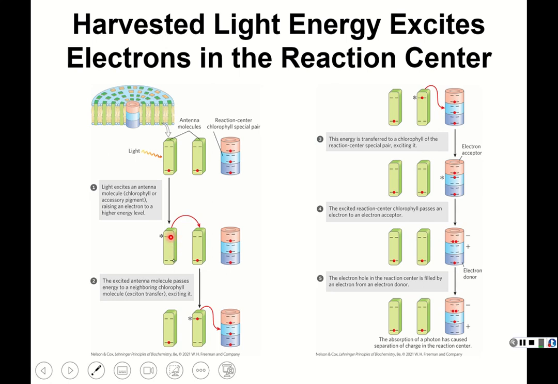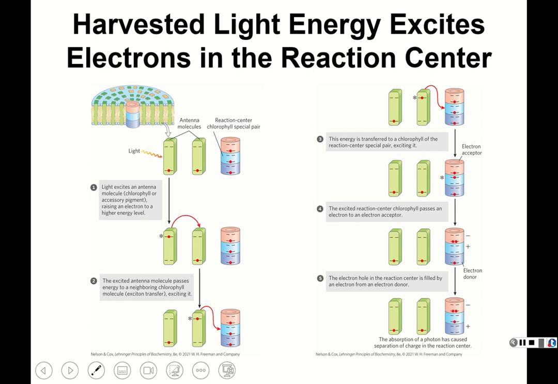So you get that excited state. And then this electron can transfer that energy to the next antenna molecule, right? It transfers that energy, drops back down to its ground state. This electron in the ground state absorbs it and moves up to an excited state. So you get this sort of transfer of energy that way.